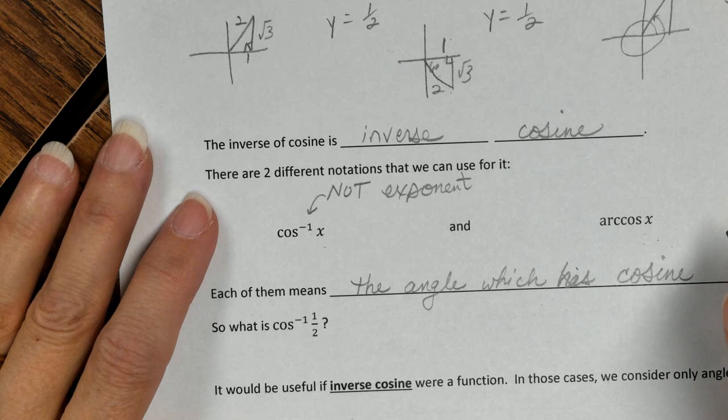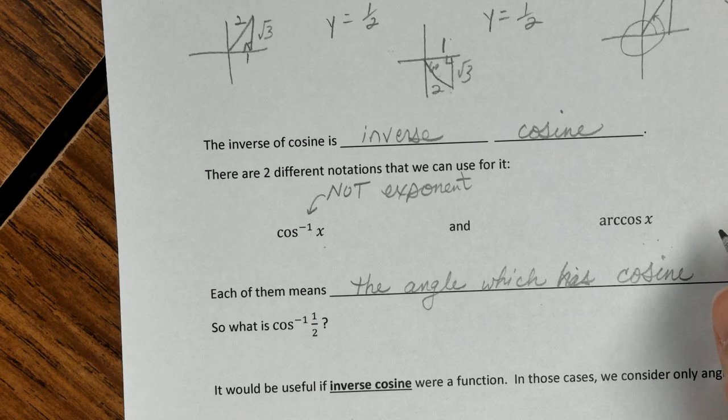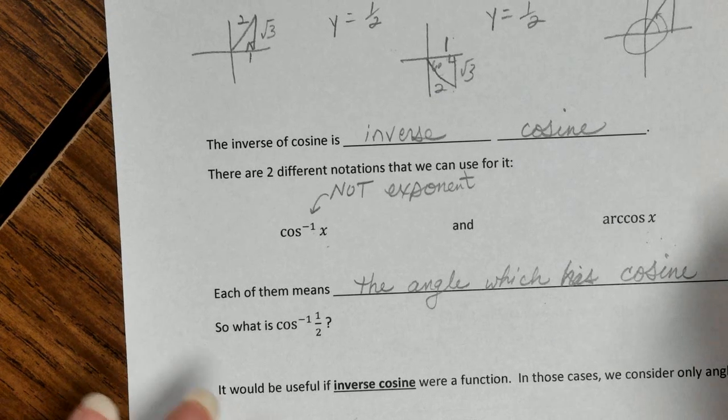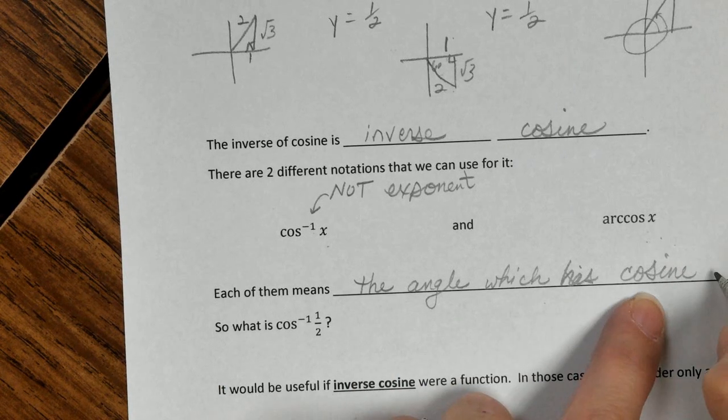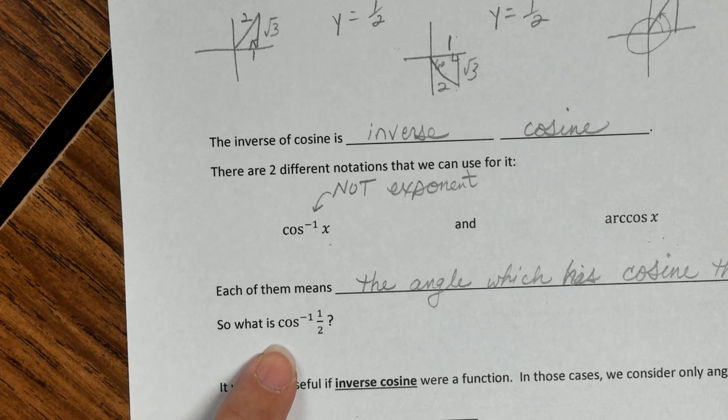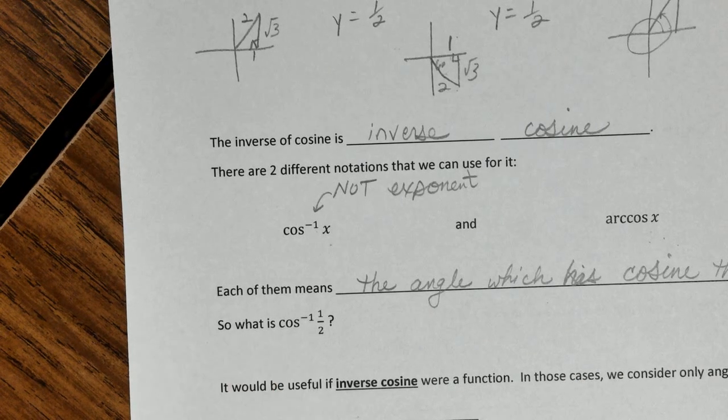There should be a shorter way of saying that. Angle whose cosine is. That would have been shorter. Well, we'll do that later. Angle which has a cosine that equals whatever x is. So, inverse cosine of 1/2. That's saying what angle gives us a cosine that is 1/2.